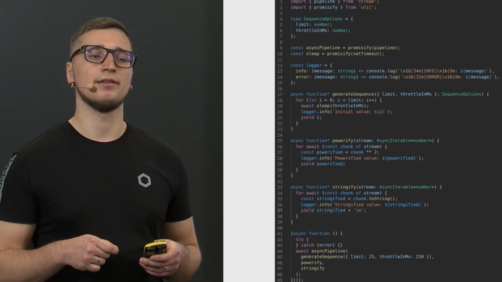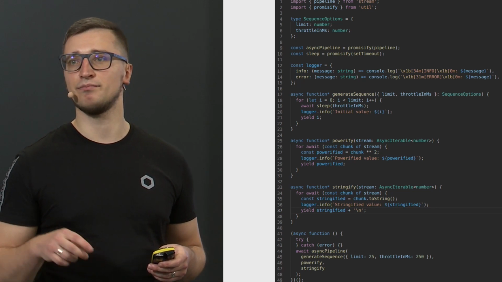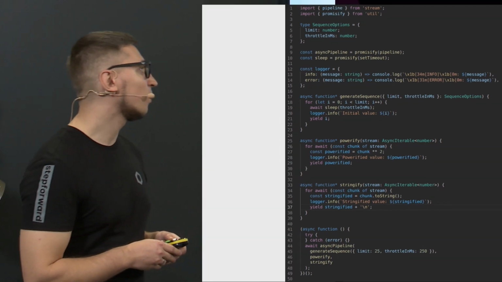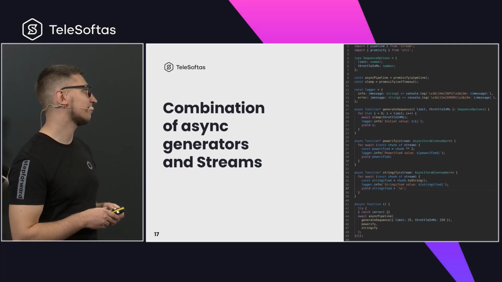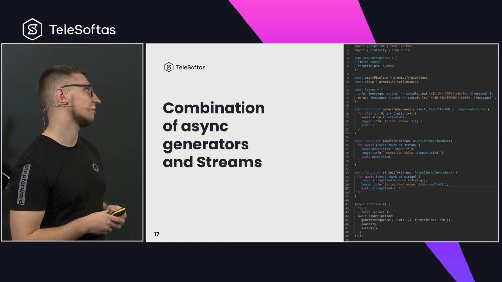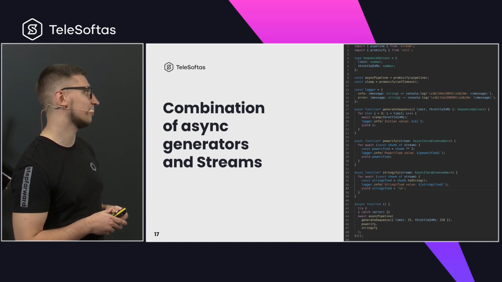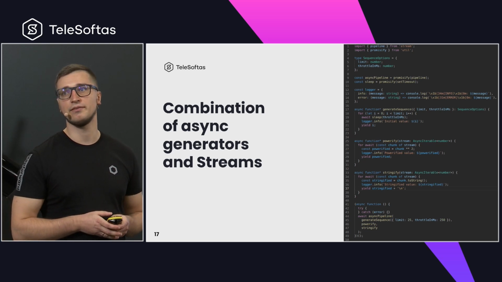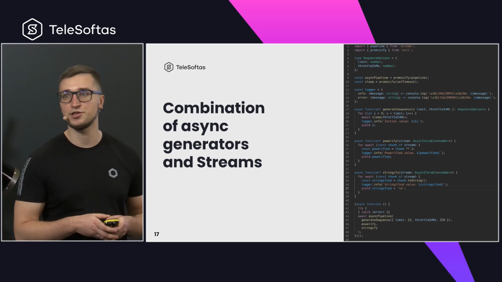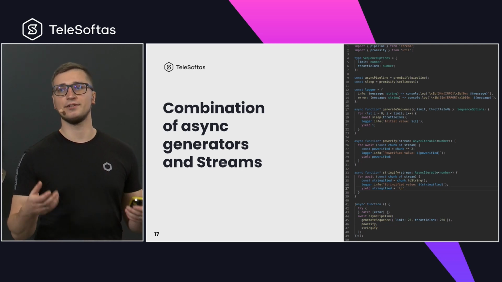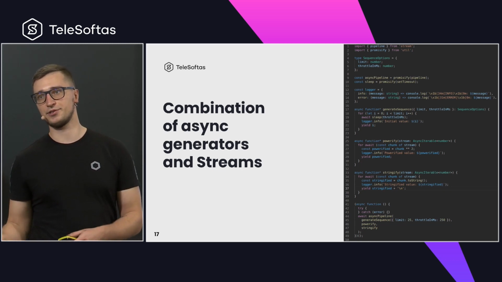Further, our data is being processed by a function called powerify. What the powerify function does is take a chunk of type number from the previously executed generator function, and it raises the value of that chunk to the power of 2. And further, it yields the result back to the next stream.